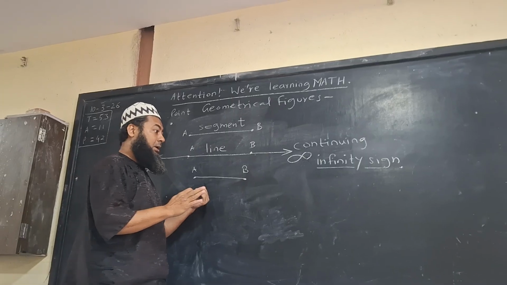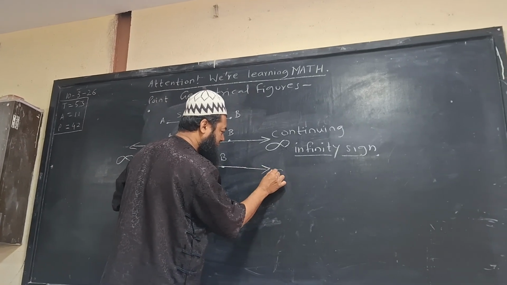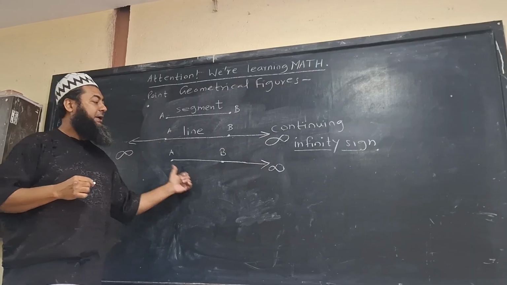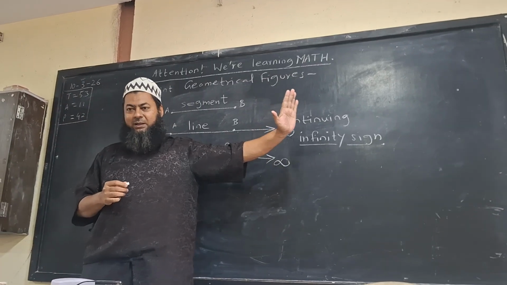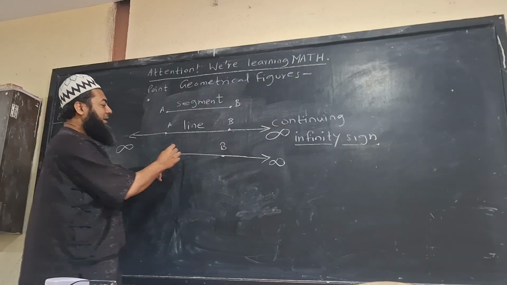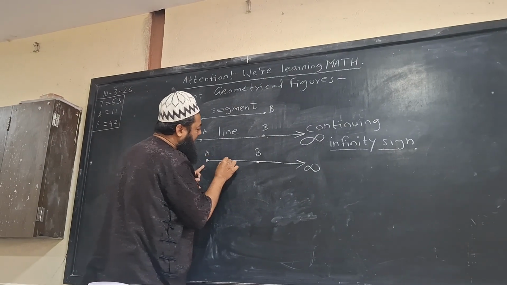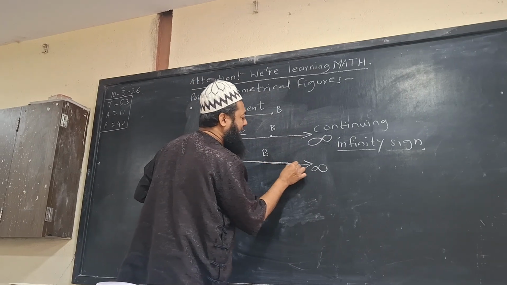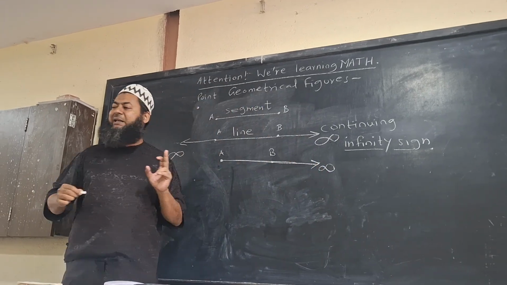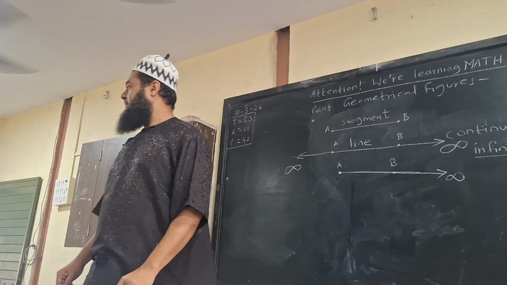But on one side it just goes on continuing to infinity. It's going on continuously, but here it ends. Or you can say this is the starting point. It starts and goes towards B and then continues going. Then what is this figure called?